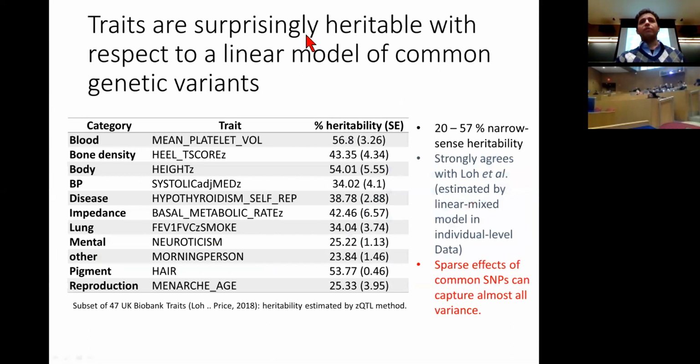When you do that, you find that different traits are very highly heritable using this linear model of common genetic variation. You can see here that the mean platelet volume, for example, is 60% heritable. Bone density is 40% heritable, and height is 54% heritable. And that actually captures a lot of that heritability.